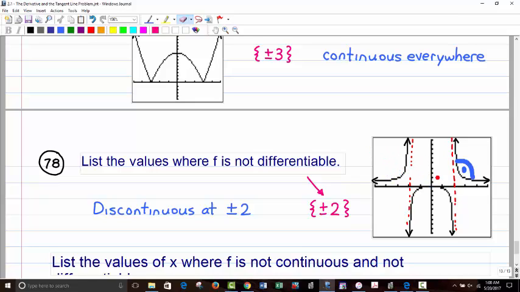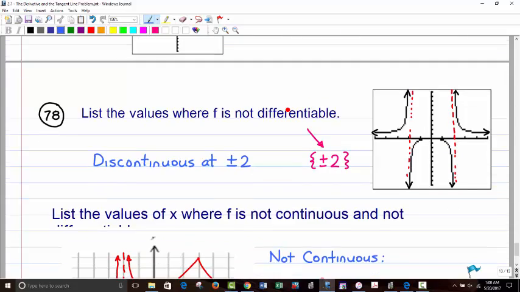It should be happy because calculus is fun. But you see the two vertical asymptotes would be where it's not differentiable. And it's also not continuous at those same points. In this case, it's both.